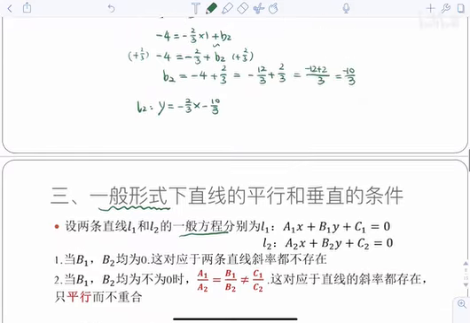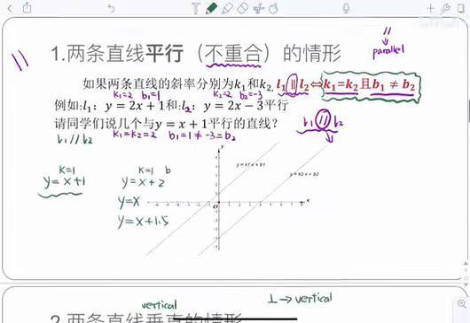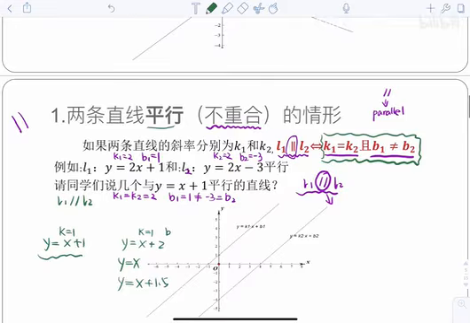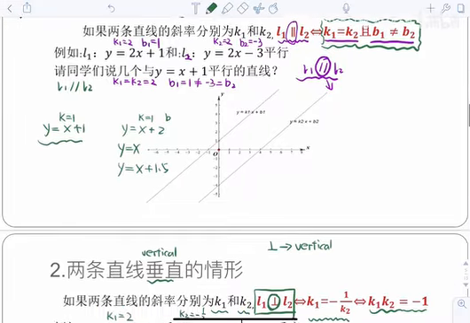So we know the parallel condition: it means K1 equals K2 and b1 does not equal b2.